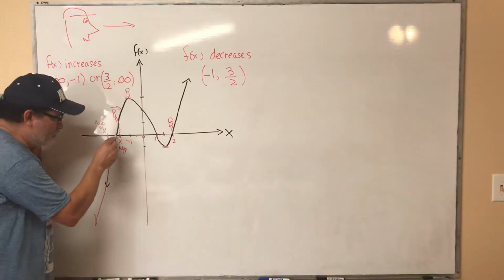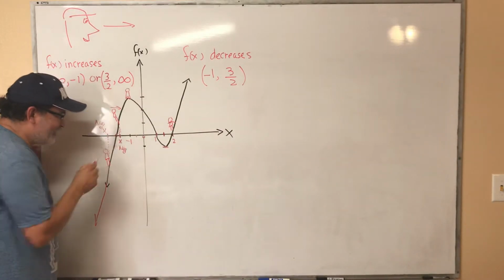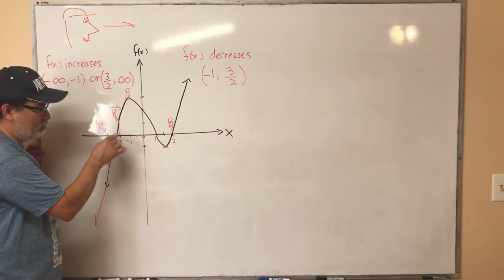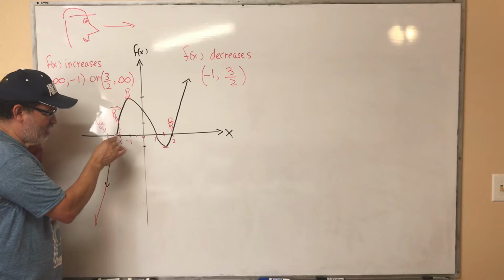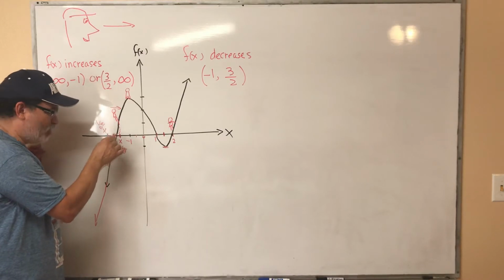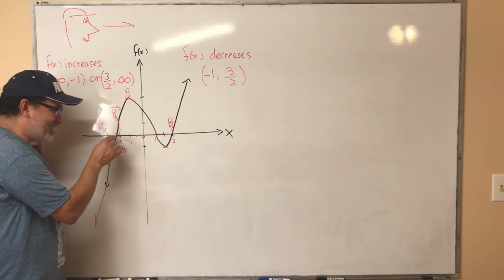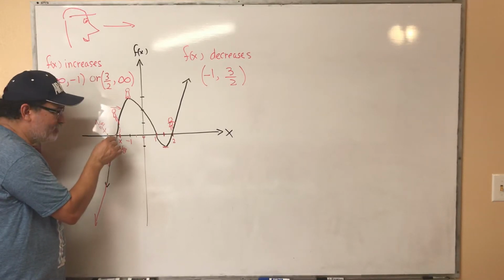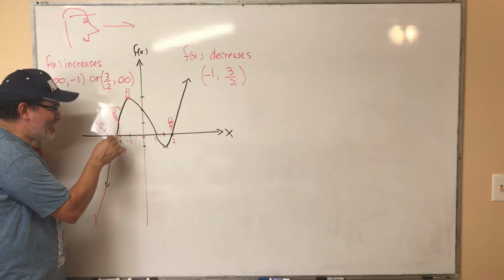You see this point here? That's where the function is 0. This x value is where the function is 0. So we're going to call this the 0 of the function.